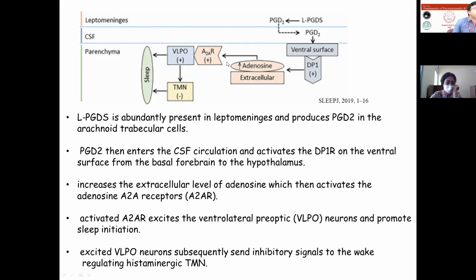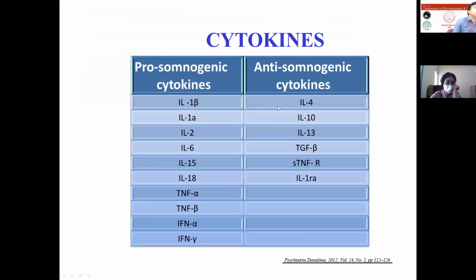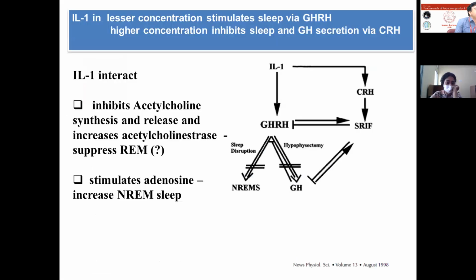So again, adenosine plays a very, very important role. Apart from prostaglandin D2, we have many other cytokines which will follow their own specific pathway, but the common pathway is always adenosine acting on both A1 and A2 receptors.